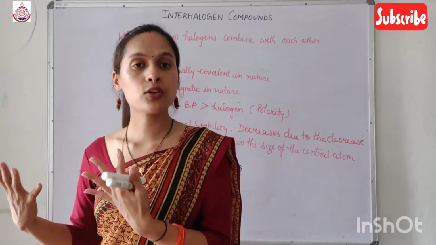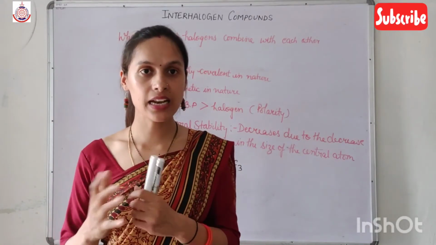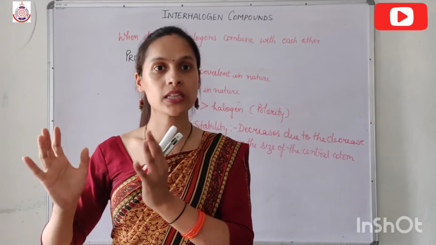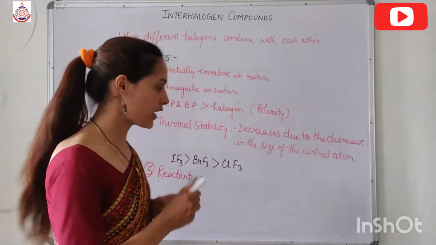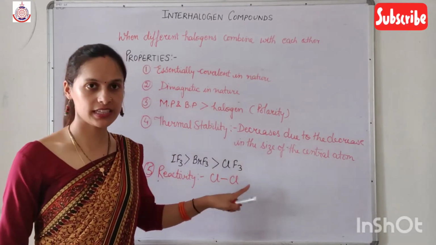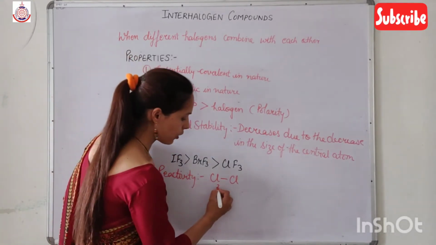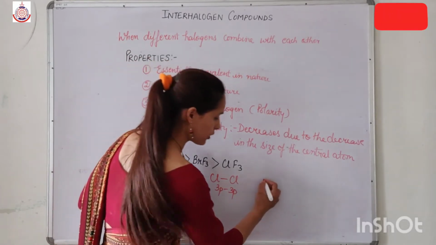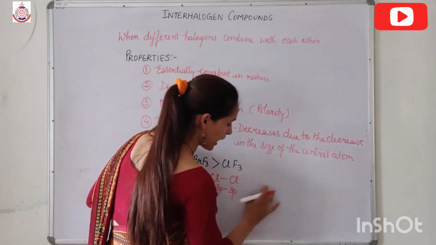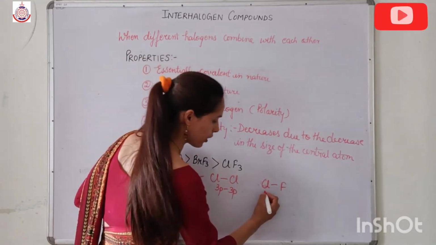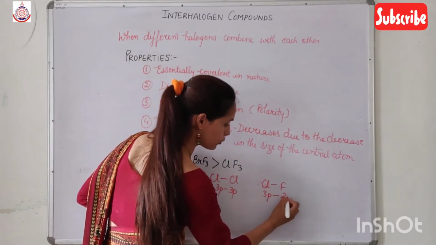But if we talk about the other halogens, what happened? The bonding is between the same orbitals. Suppose I talk about Cl-Cl bonding. In Cl-Cl bonding, the bonding is between 3p and 3p. But in ClF bonding, the bonding is between 3p and 2p.